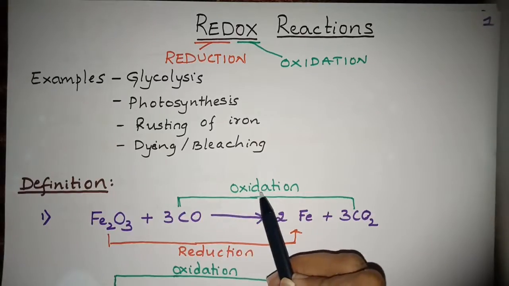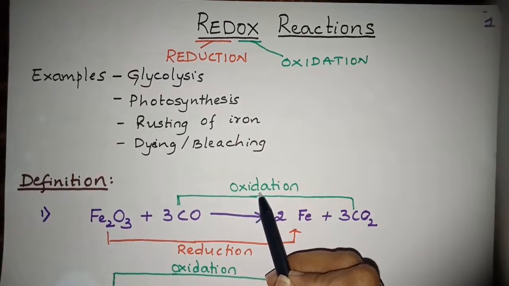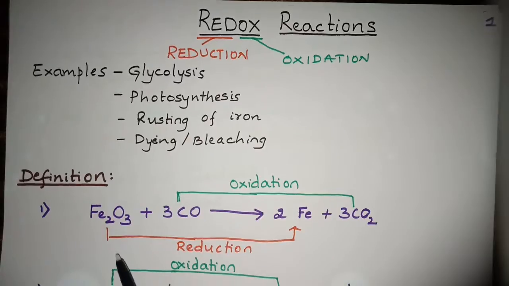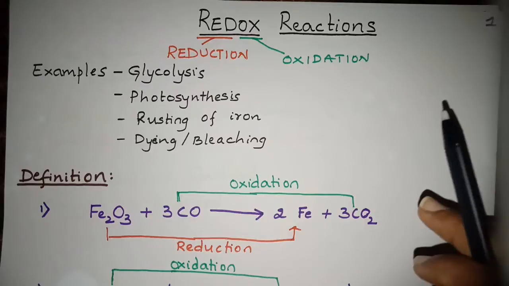Oxidation, the name itself suggests that there has to be addition of oxygen. So here you see that carbon monoxide becomes carbon dioxide, and that is an example for oxidation reaction. And what is happening to iron oxide? We see iron oxide is losing oxygen, so I can call this a reduction reaction. Makes beautiful sense, right?